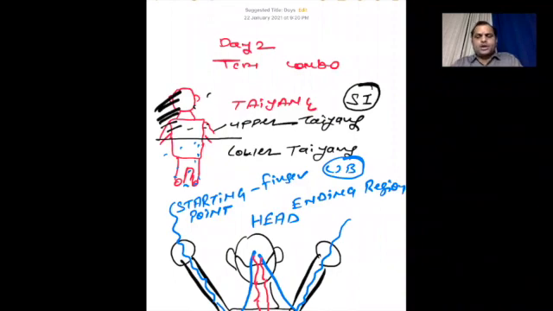So what is the meaning of upper Tai Yang? The upper Tai Yang supplies the upper part of the body. So where in the upper part exactly? Lower Tai Yang supplies the lower part of the body. So where in the lower part exactly?